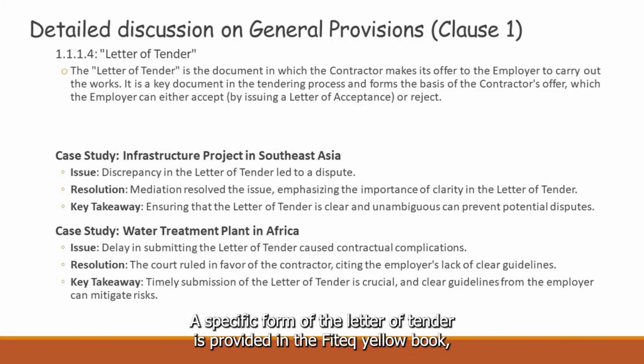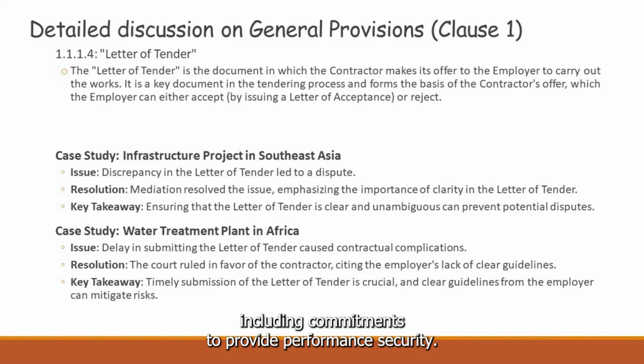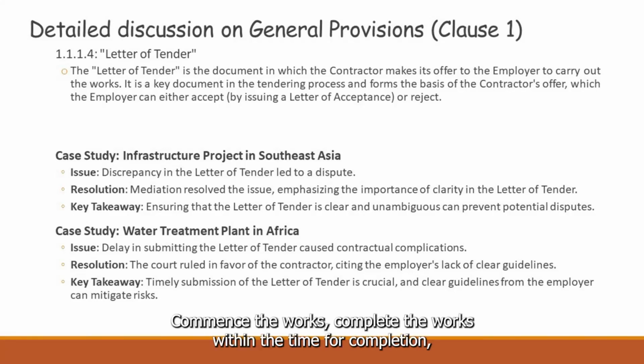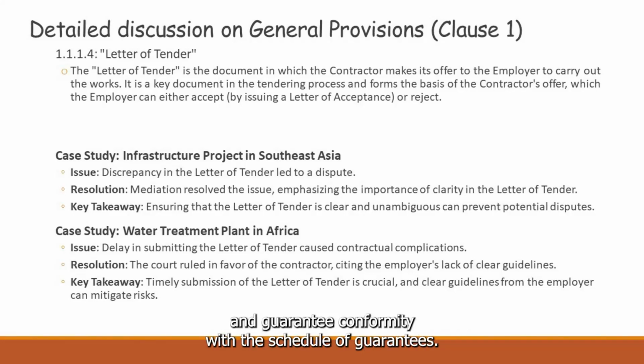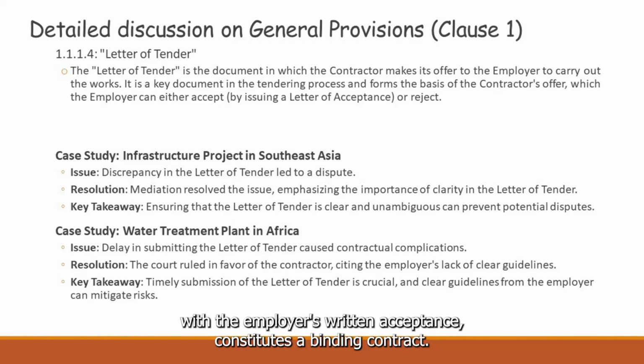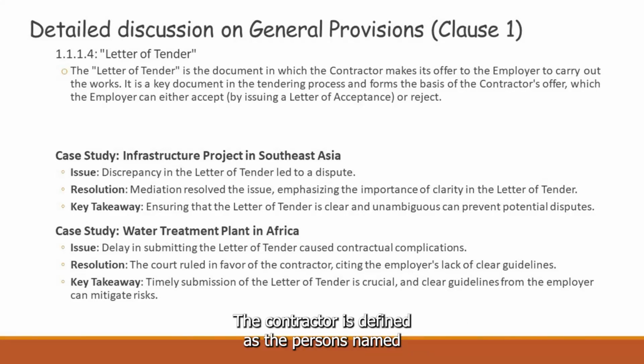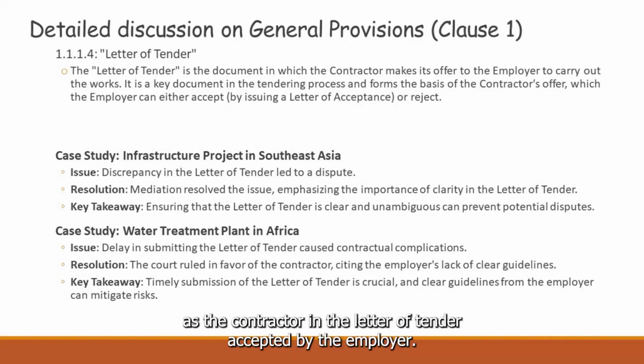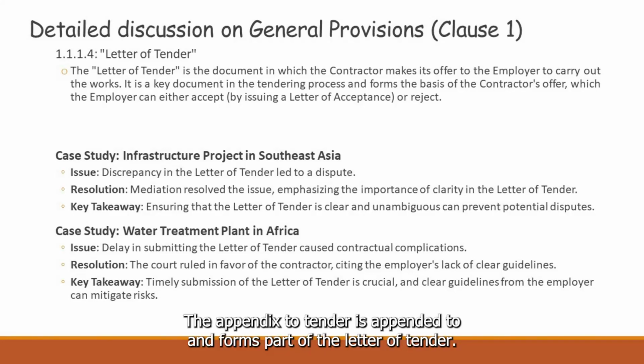A specific form of the letter of tender is provided in the FIDIC Yellow Book, including commitments to provide performance security, commence the works, complete the works within the time for completion, and guarantee conformity with the schedule of guarantees. It also states that the letter of tender, together with the employer's written acceptance, constitutes a binding contract. The contractor is defined as the persons named as the contractor in the letter of tender accepted by the employer. The appendix to tender is appended to and forms part of the letter of tender.